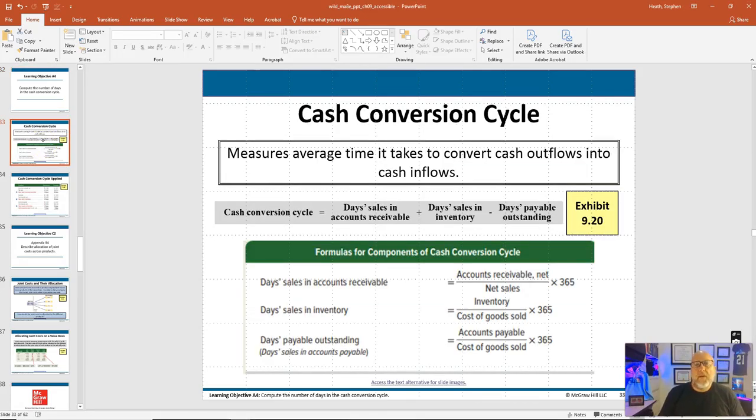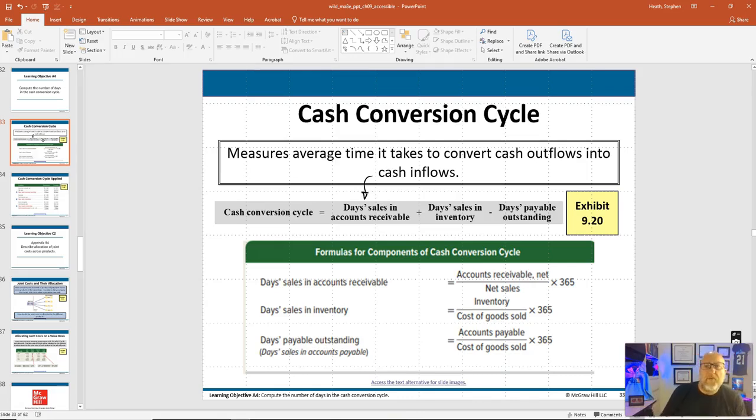The formula for the cash conversion cycle is days sales in accounts receivable, right? So we make a sale, how long does it take usually once something enters into accounts receivable? How long does it go from the sale to cash?